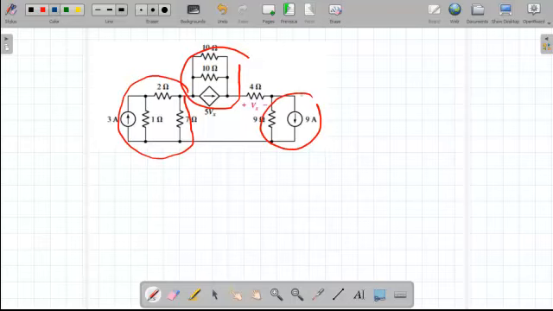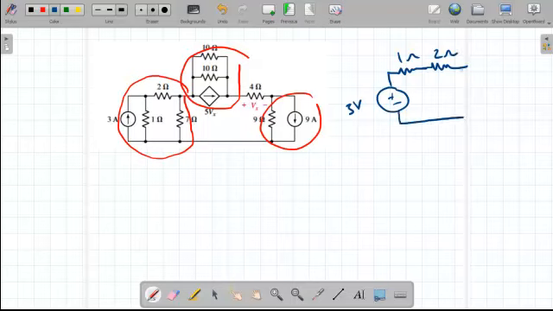So this will be combined to 3 amp times 1, so it becomes a 3 volt source, in combination with 1 ohm and 2 ohm and 7 ohm and 7 ohm. Again, I will combine this 3, and this becomes 3 ohm, so they become just a current source.